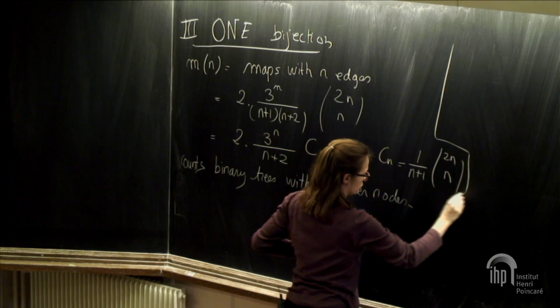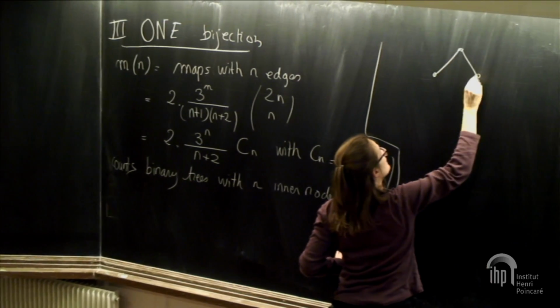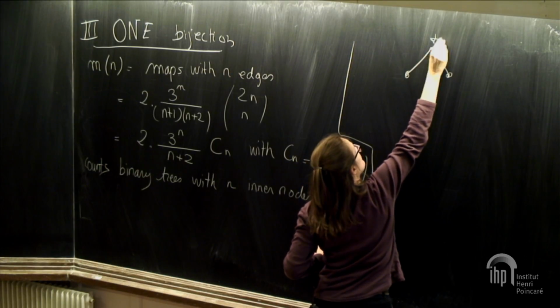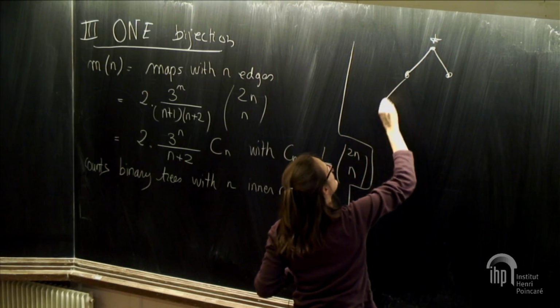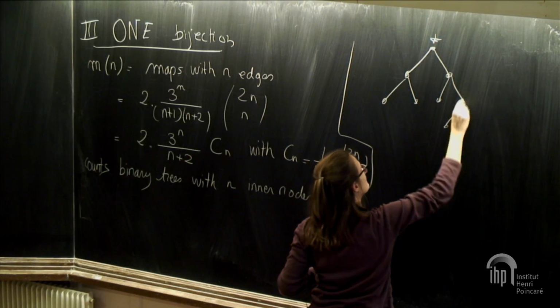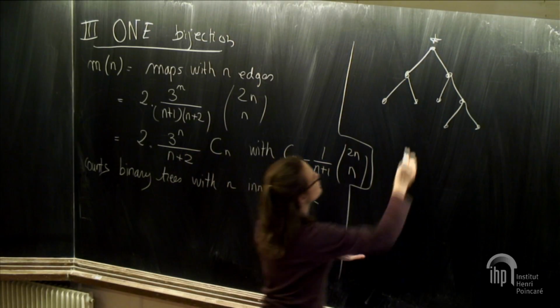These binary trees are things like that. Every vertex has either 2 children, drawn that way, or 0. So that's a binary tree, and the inner nodes are those ones.